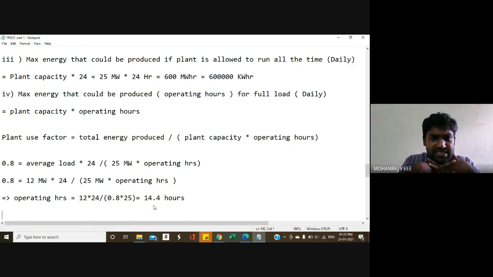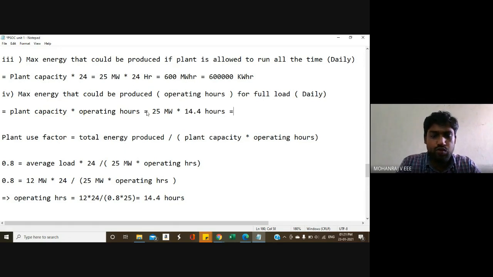Now substitute it in the maximum energy that could be produced for operating hours for full load. That is equal to capacity 25 megawatt and operating hours 14.4 hours.